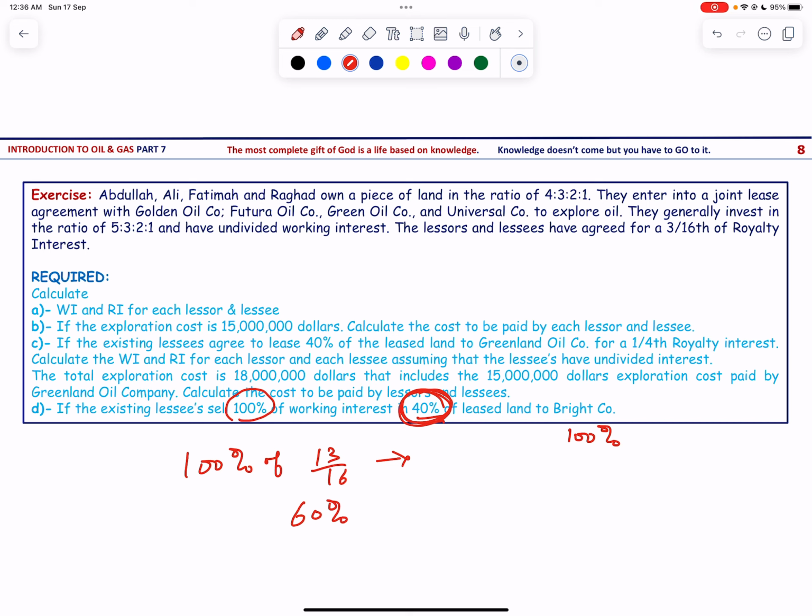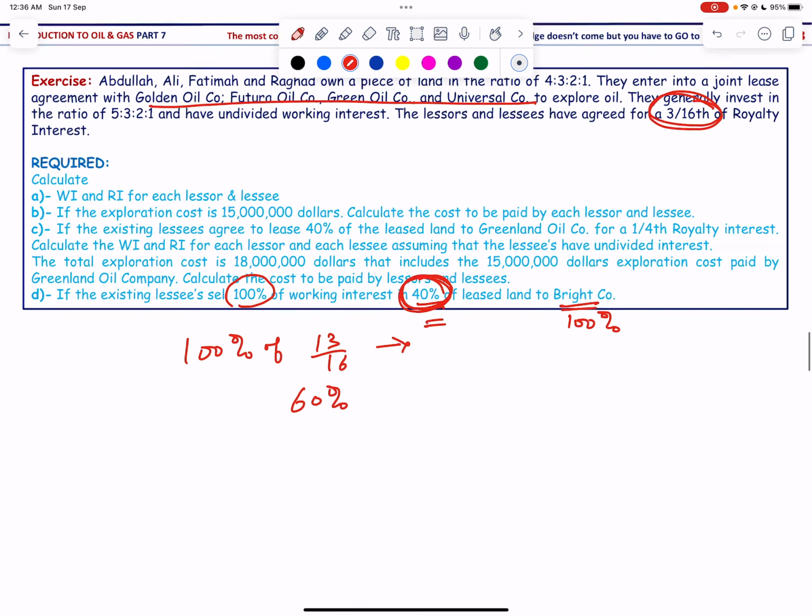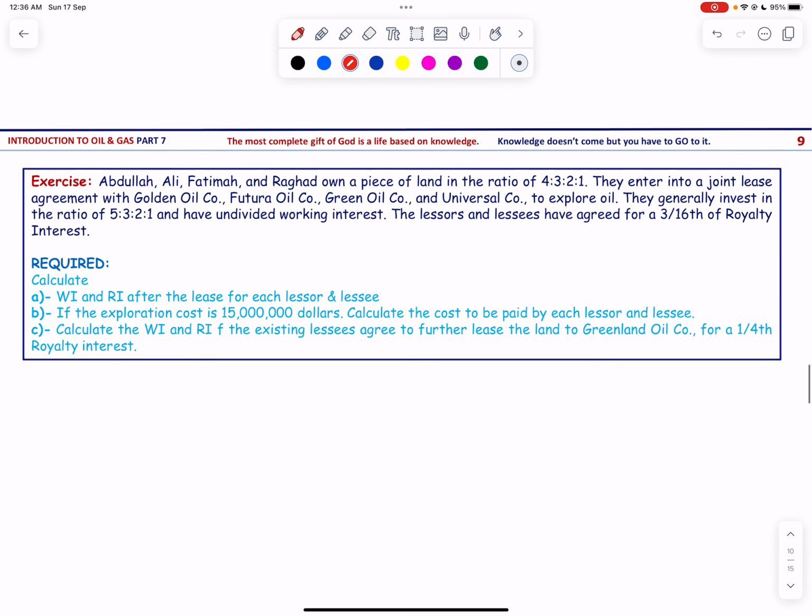You can see now that Bright will be having 40%, so the remaining 60% is going to be for these four companies. While the lessors, Abdullah, Ali, Fatima and Ragad, will be receiving 3/16 of gross revenue from each respective property as royalty. Okay. So now let us solve another exercise.